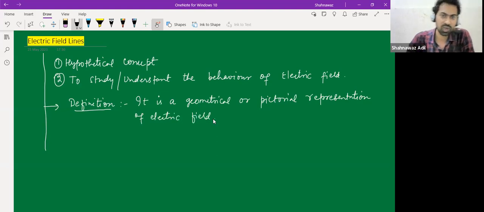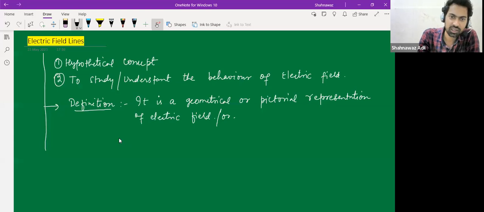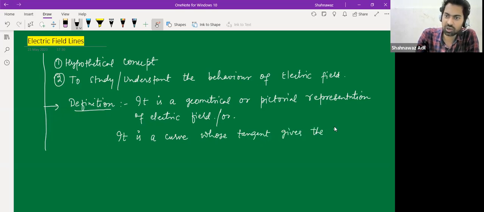This is one definition. Or we can say that it is a curve whose tangent gives the direction of the electric field.